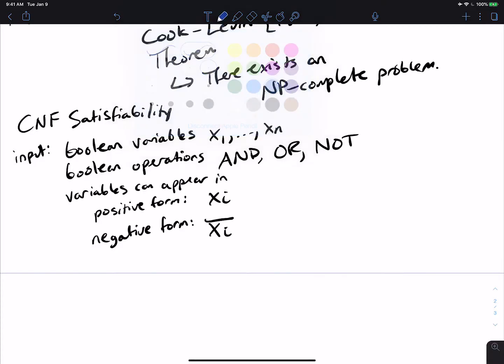Either a variable in positive form or negative form is called a literal. Kind of like a string literal in programming, these are just Boolean literals. It's just an occurrence of a variable. That's literally all it is.